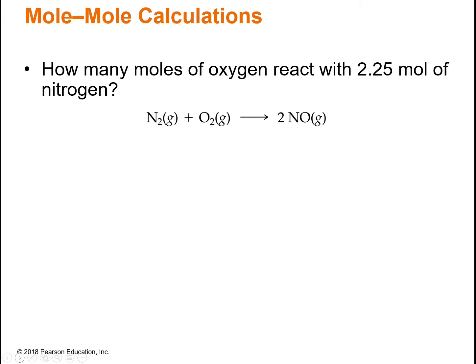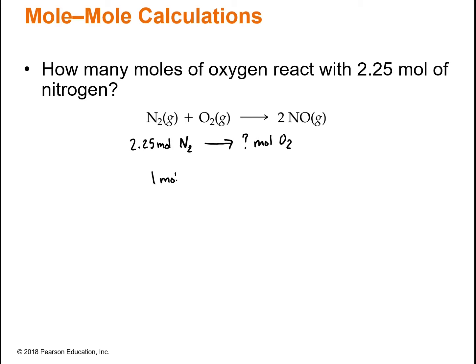In this case, we have 2.25 moles of nitrogen gas, and our question is asking us how many moles of oxygen gas. For this, we need to use a mole ratio between the nitrogen gas and the oxygen gas, and we can write 2 of them.